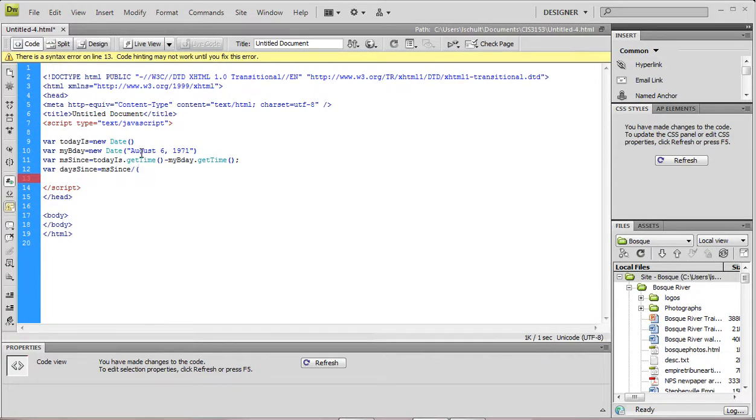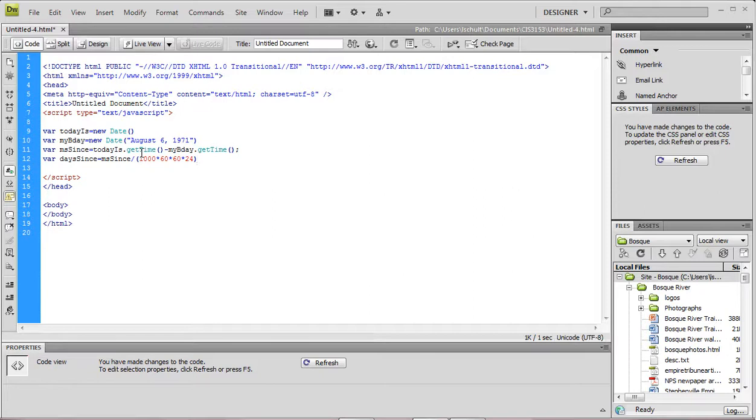To get it from milliseconds to seconds, we would divide by 1,000. We're going to combine this all in the denominator of this fraction. So to divide over and over again, really what we're going to do is multiply in the denominator. So we're going to multiply 1,000 by 60 to get it into minutes, by 60 again to get it into hours, and by 24 to get it into days.